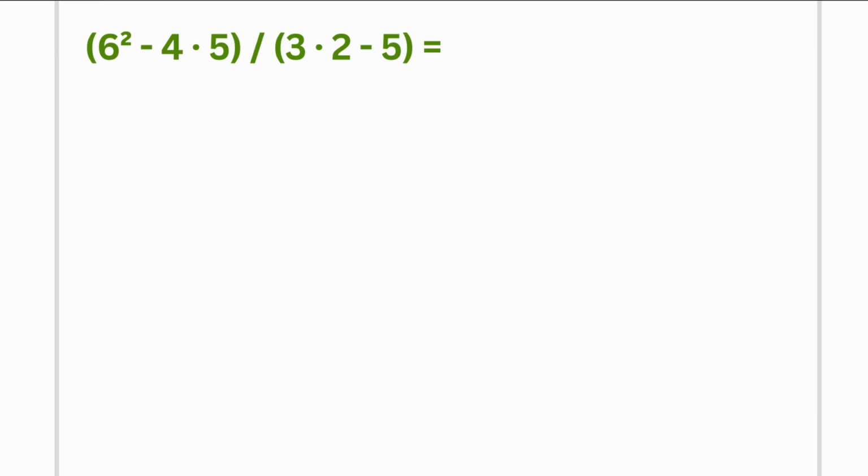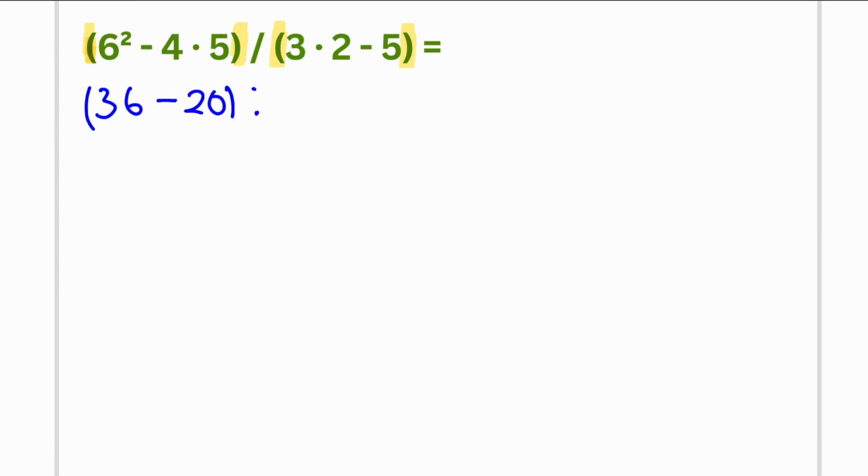Here is the other question. We're first doing inside the parentheses. It doesn't matter which one you start with. Let's start with the one on the left. 6 raised to the power of 2, which means 6 times 6 is 36. We did the first multiplication. And now we should do the second multiplication here. 4 times 5 is 20. Divided by.